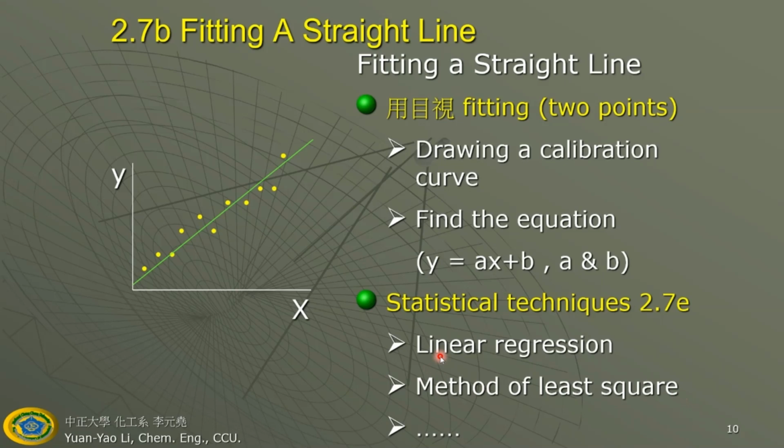There are many mathematical models you can use, but we don't have time to go through this. Now in Excel, you can just put the data in and Excel will do the computation for you and easily give you the answer. But the important thing is you need to know the meaning of this method. That's very important.